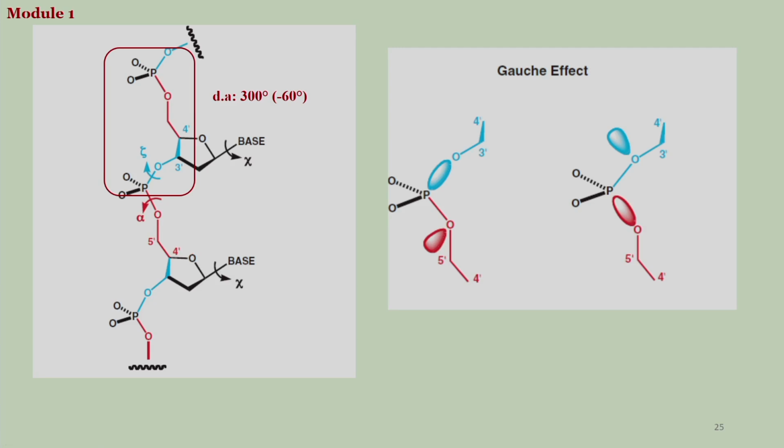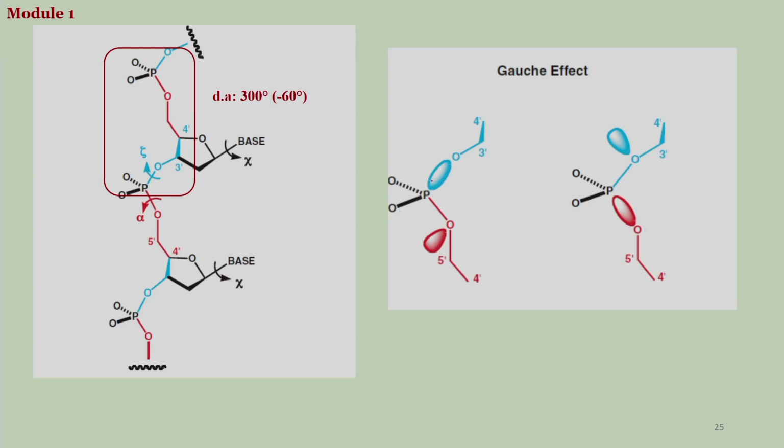There are 2 planes in this case, one is this, the other one is this. When there are 2 planes there is an angle between them, and in this case the favorable orientation will have a dihedral angle, DA means dihedral angle. The favorable dihedral angle would be minus 60 degrees. That comes from the gauche effect, as can be seen here.